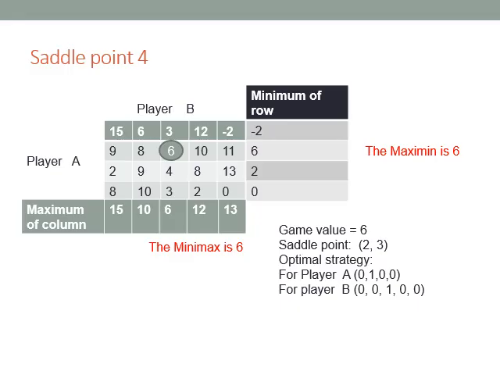For player B, according to the saddle point, he will choose strategy number 3. Then he will neglect strategy number 1, number 2, number 4, and number 5. So his optimal strategy is 0, 0, 1, 0, 0.